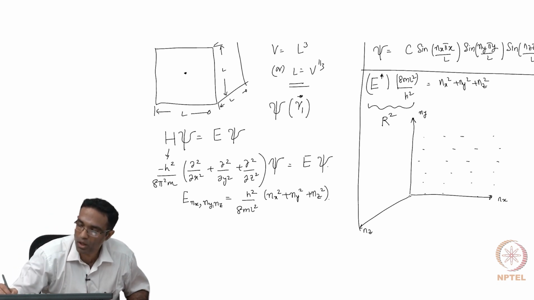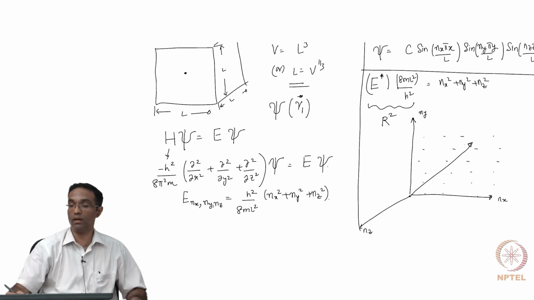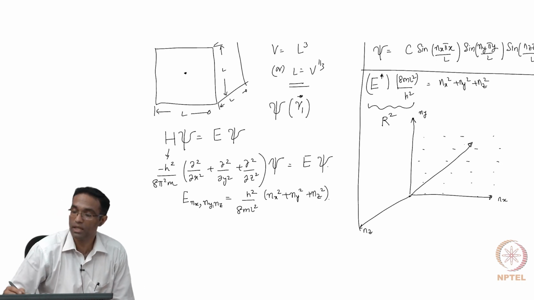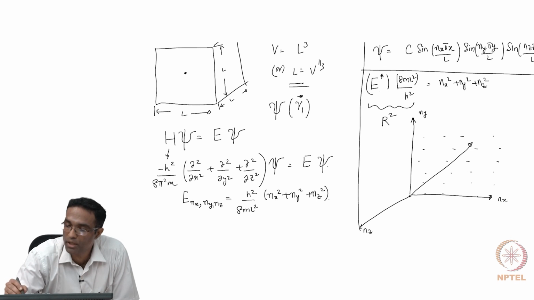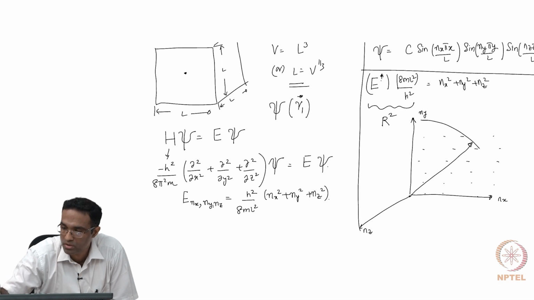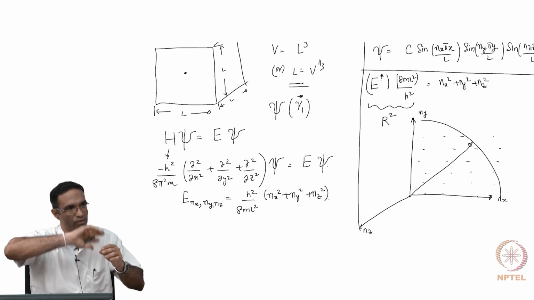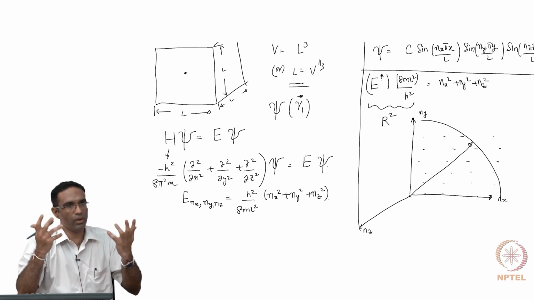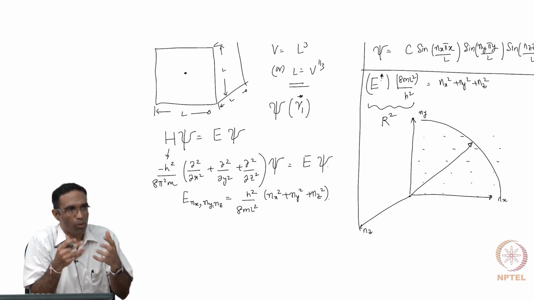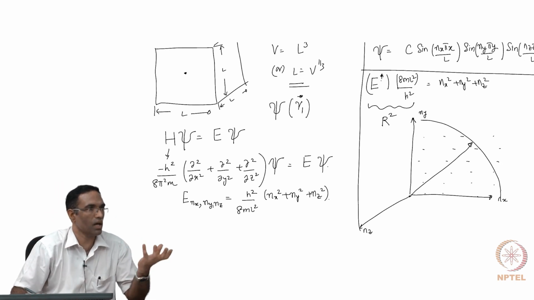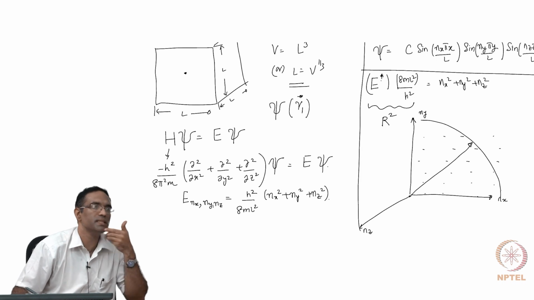And if we were able to draw a sphere in the first quadrant of nx, ny, nz, because nx, ny, nz are all positive numbers, such that the radius happens to be equal to the square root of E star 8 m L squared by h squared, then if you count all the points that are lying exactly on the surface of this 1/8 of a sphere, you would essentially be getting omega, right? You would know how many ways this system can have the energy E star. Is that aspect clear? Right.